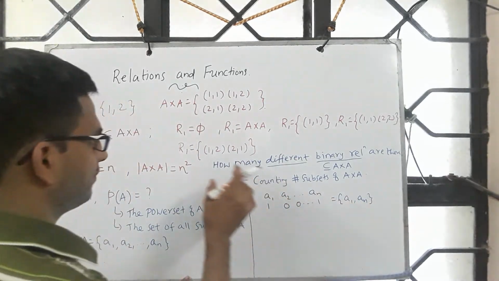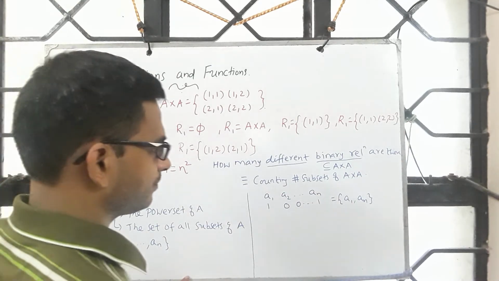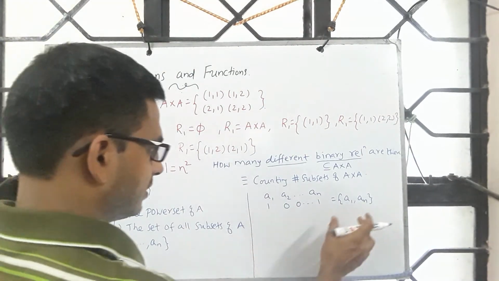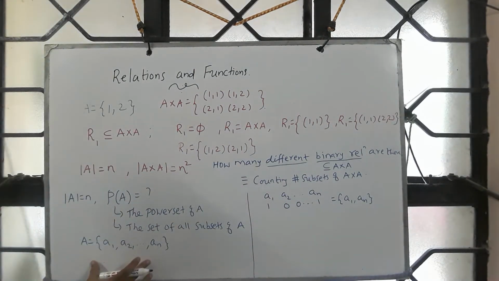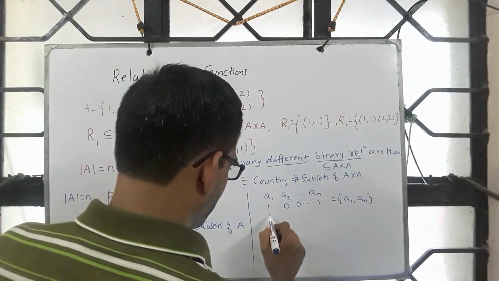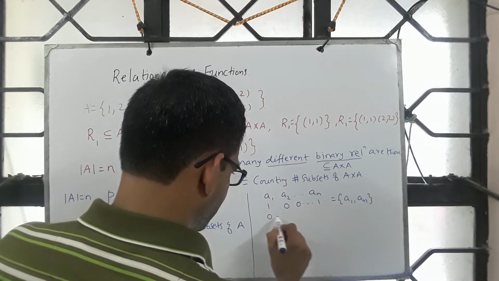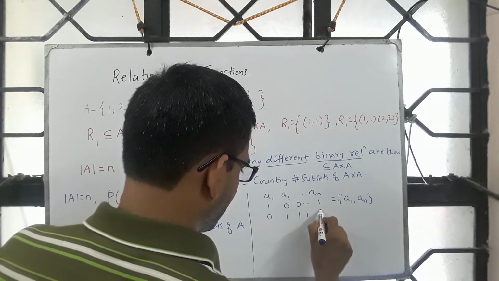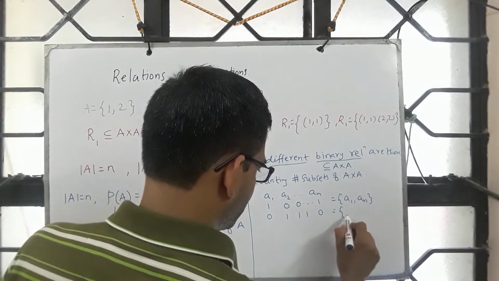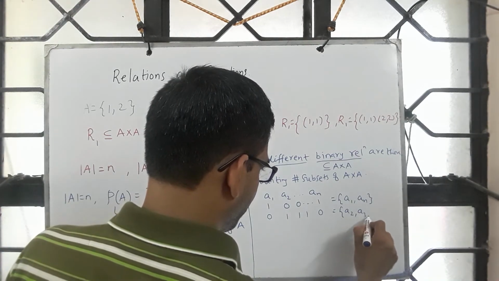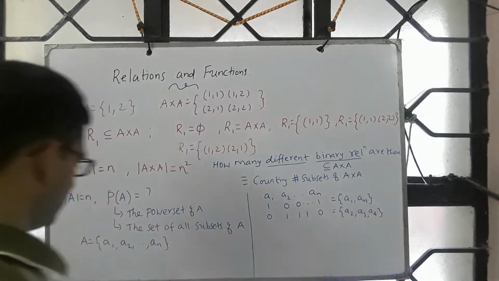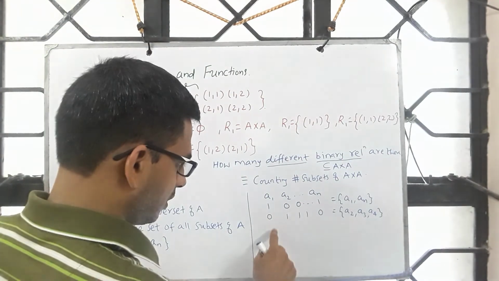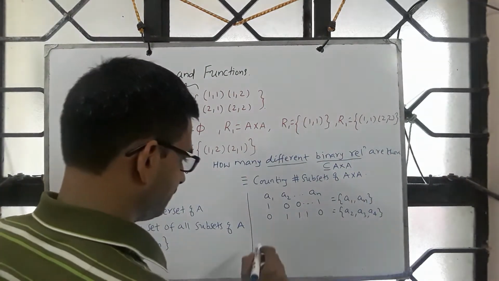This is a subset of A. Now, suppose A1 is absent, A2 is present, A3 is present, A4 is present, and the rest are all absent, which means you get the subset A2, A3, A4, which is a subset of A. So like this, you can list all possible binary strings.